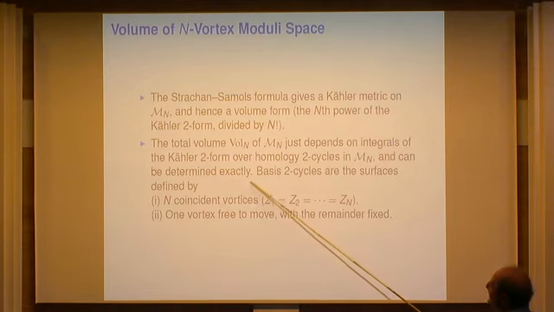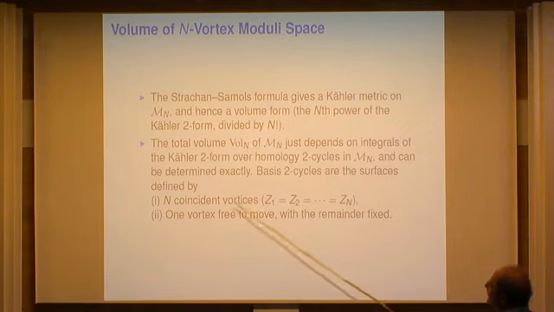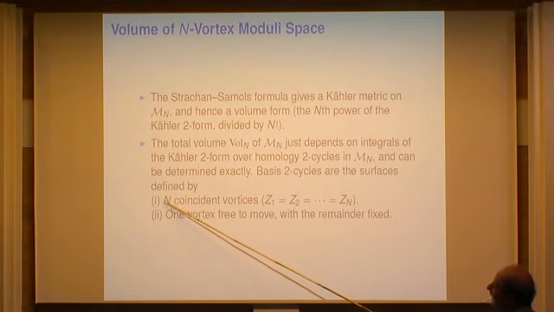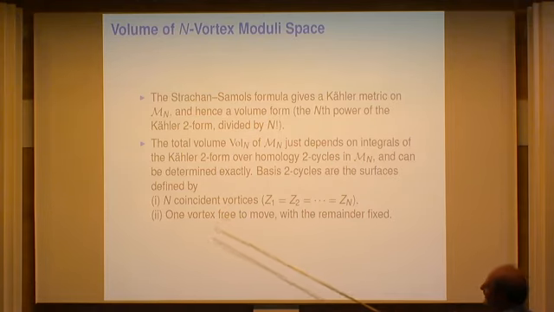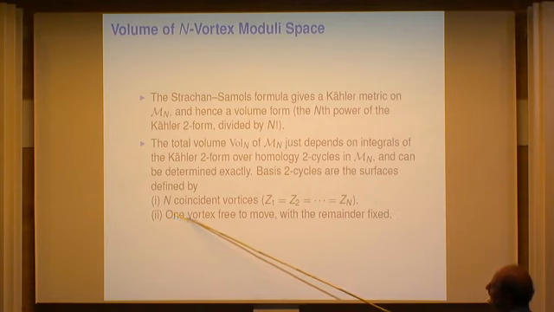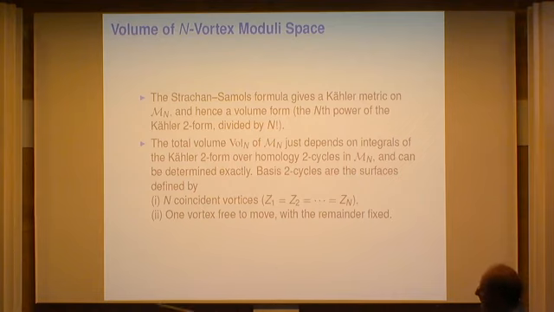So one has to just look at some particular basis 2-cycles. One 2-cycle is n coincident vortices, so that's just got one complex coordinate where they all are. Another 2-cycle is if you keep n minus 1 vortices fixed, but just allow one to move. And we've got to integrate a 2-form over those cycles.